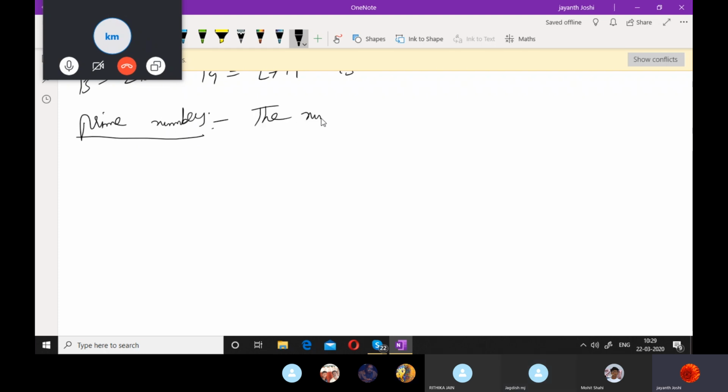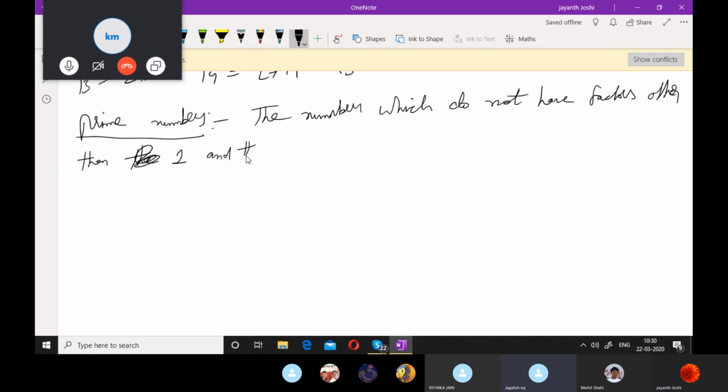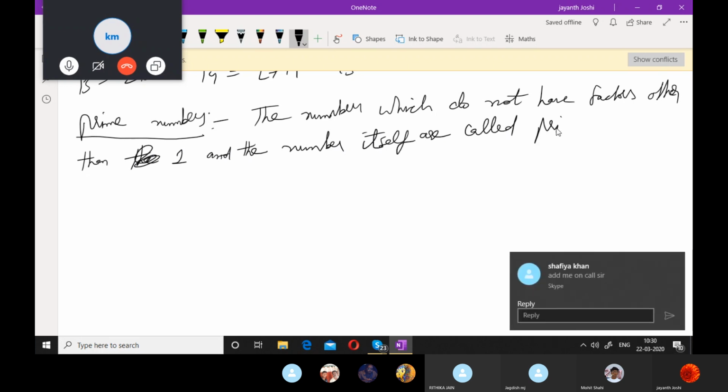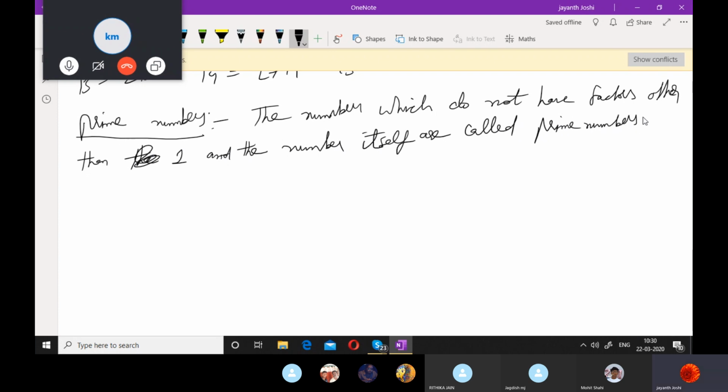The numbers which do not have factors other than 1 and the number itself are called prime numbers.